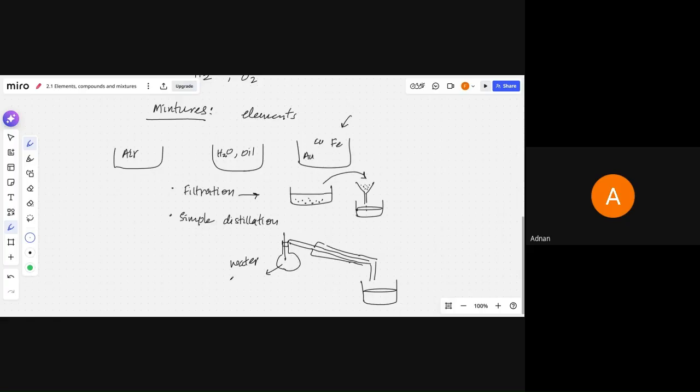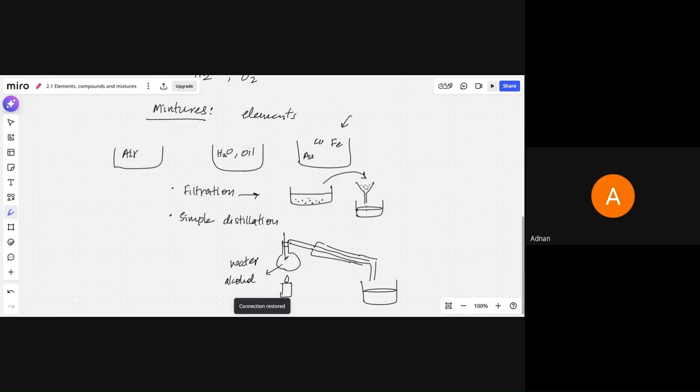and we have alcohol. Water has a higher boiling point, and alcohol has a lower boiling point compared to water. So when you heat this mixture of water and alcohol, what will happen? Alcohol will boil first.